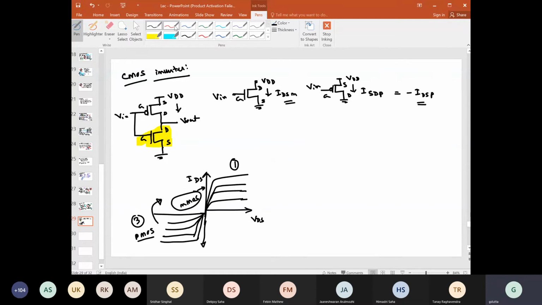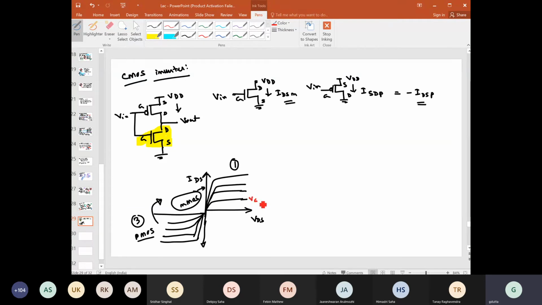But there is one more small thing we need to understand. For example, suppose the threshold voltage of this NMOS is 0.5 volt. Then obviously this is higher than 0.5.